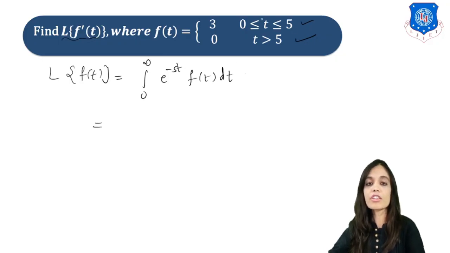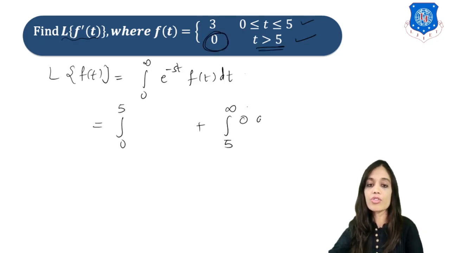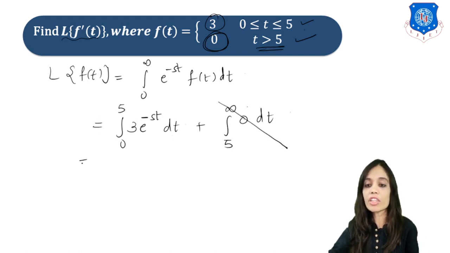Let us split this into two sub-intervals. So first will be 0 to 5, next will be 5 to infinity. But in this you can see the function is 0, right? So 0 dt. Here the function is 3 in 0 to 5. So we will have 3 times e raised to minus st dt. Now this is gone, right? Take out 3 outside and just integrate this.